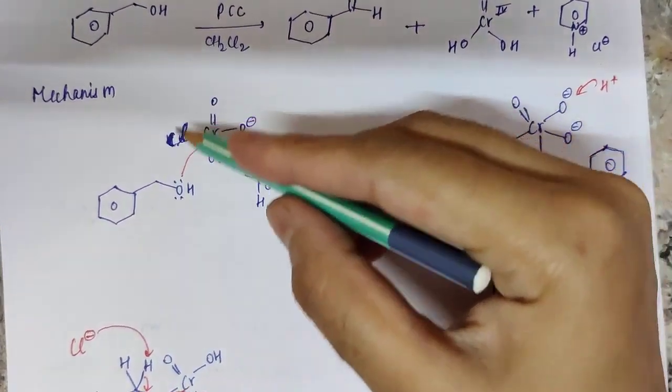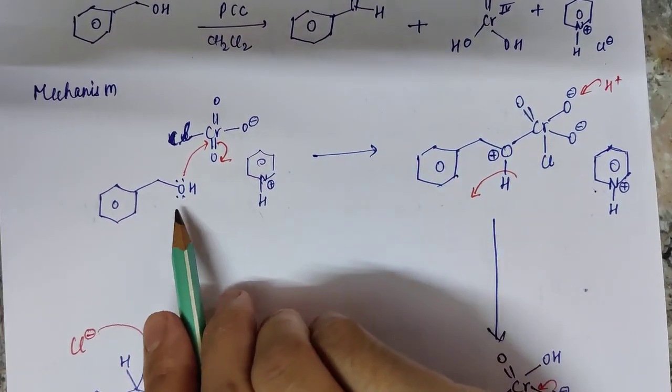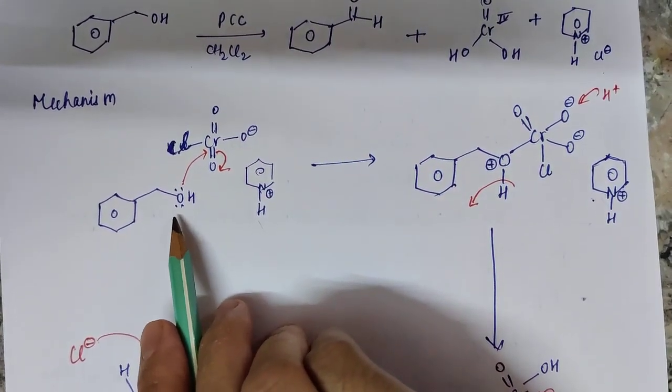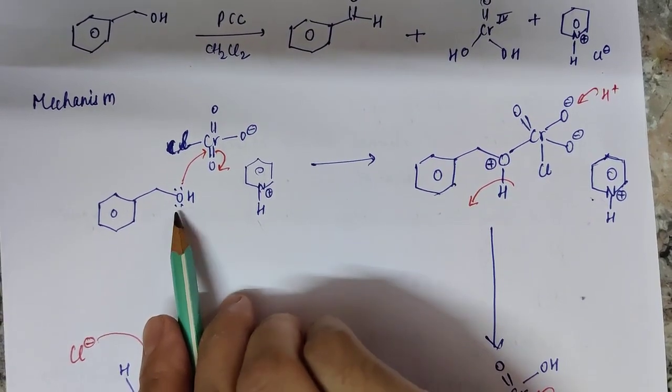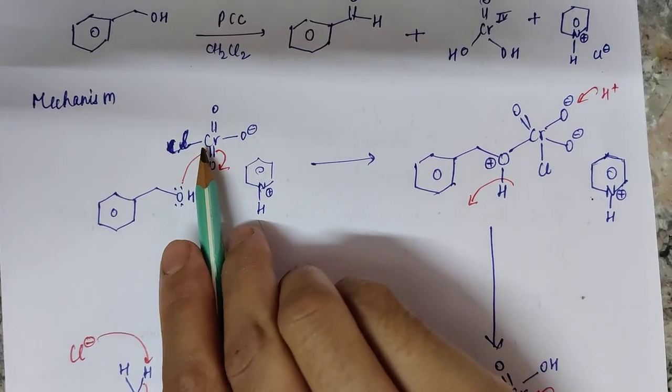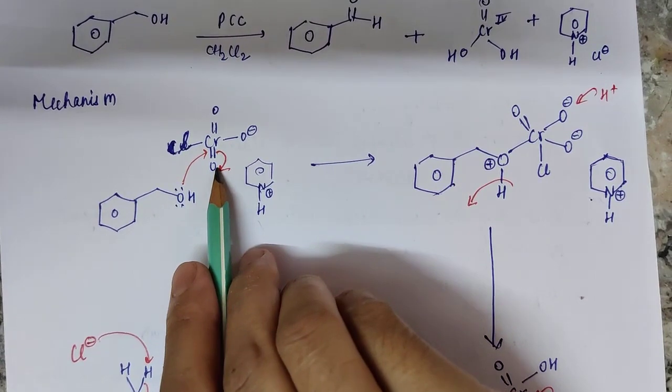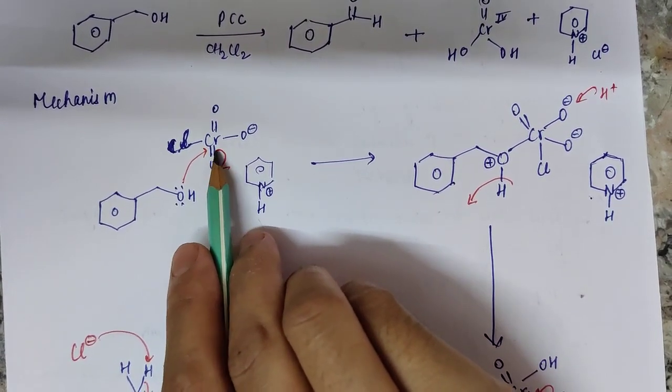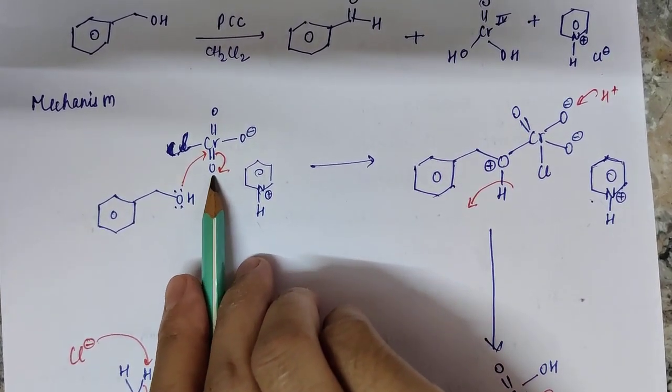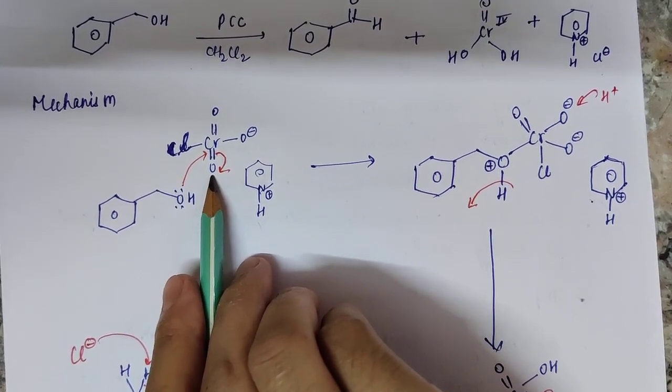So this is our PCC. The alcoholic oxygen attacks the chromium and this oxygen takes up the bonding electrons and gets negatively charged.